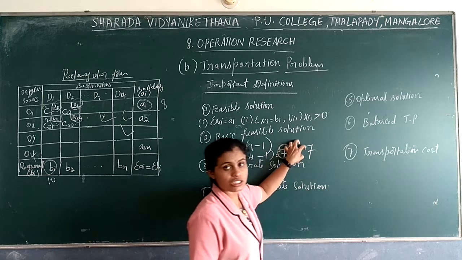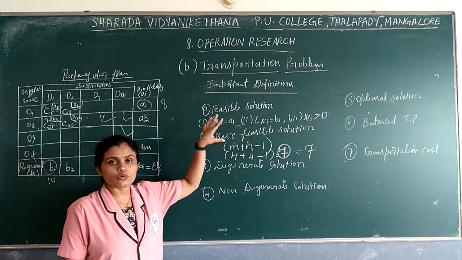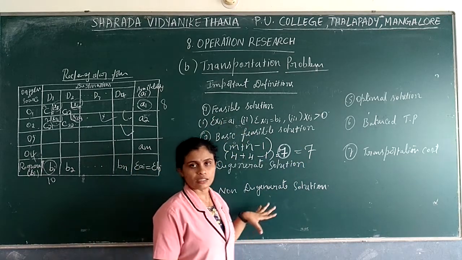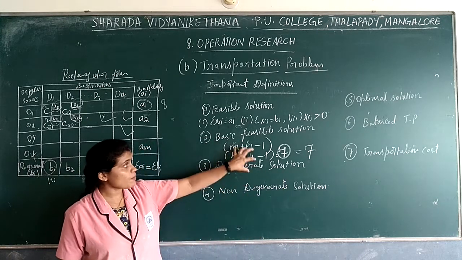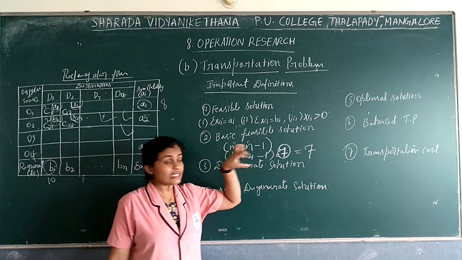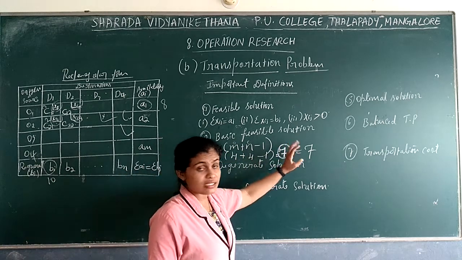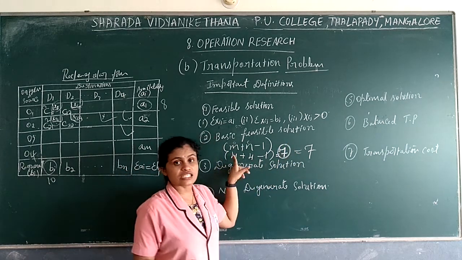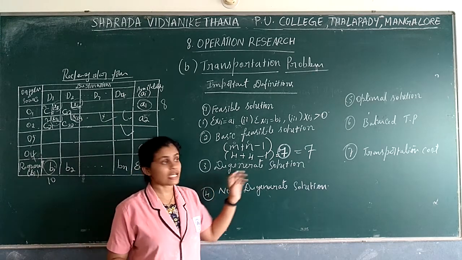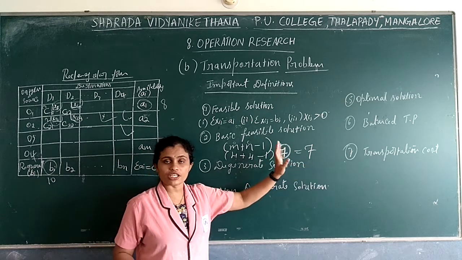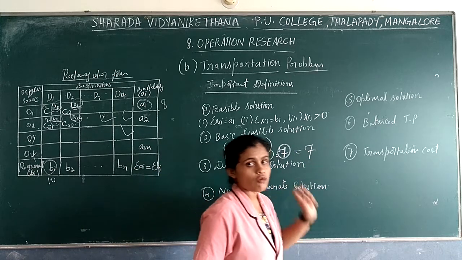This you have to use in the problem. Here there is one rule, that is m plus n minus 1, which is 1 lesser than the number of destinations and sources. We call it a basic feasible solution if it matches with the number of allocations we have done.